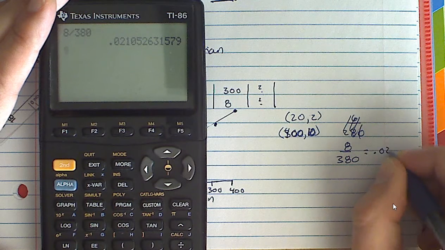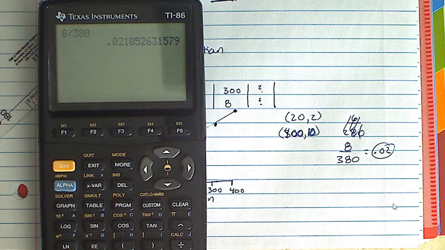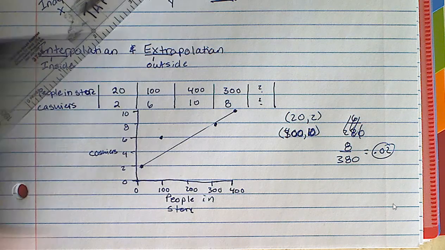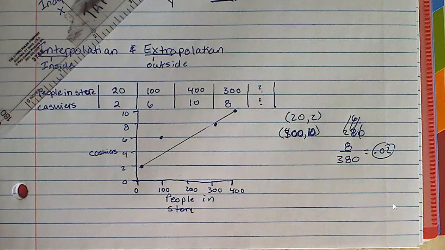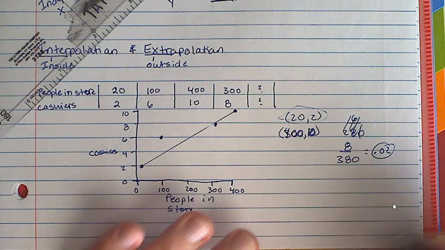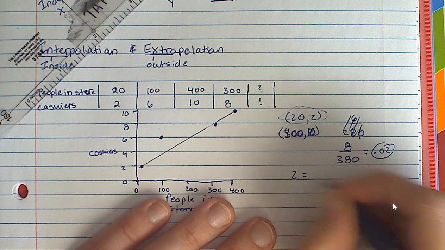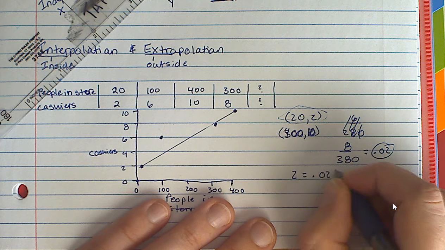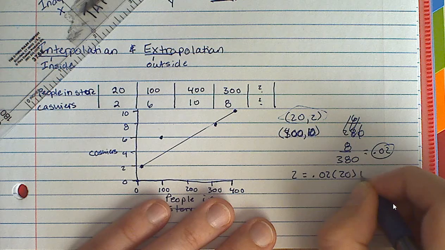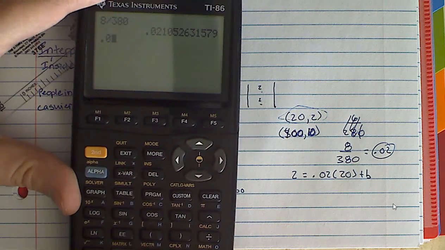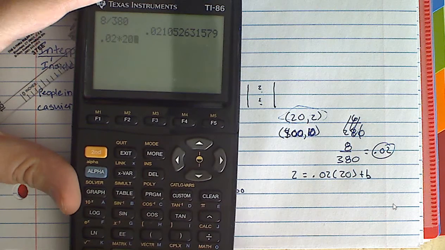So that's my slope. And then I'm going to pick one of those 2 points. Which one of those 2 points do you think I should pick? 22, because the numbers are smaller and probably easier to deal with. So I'm going to do 2 equals 0.02 times 20 plus b. So 0.02 times 20 is 0.4.